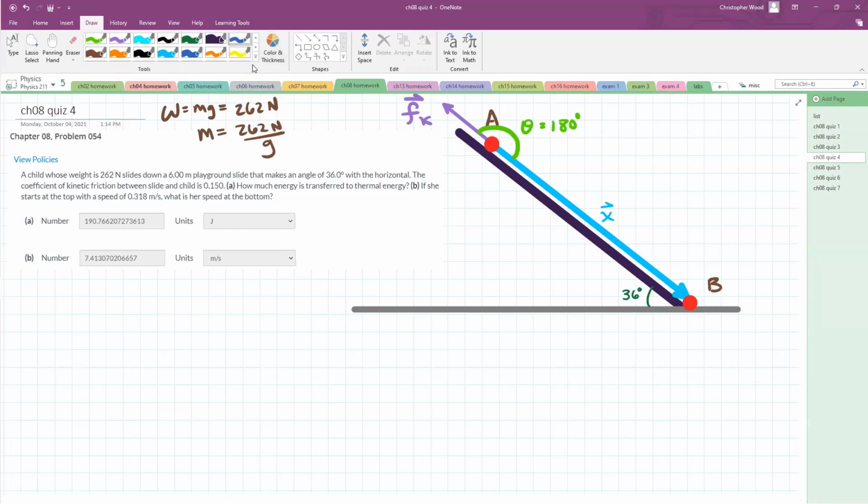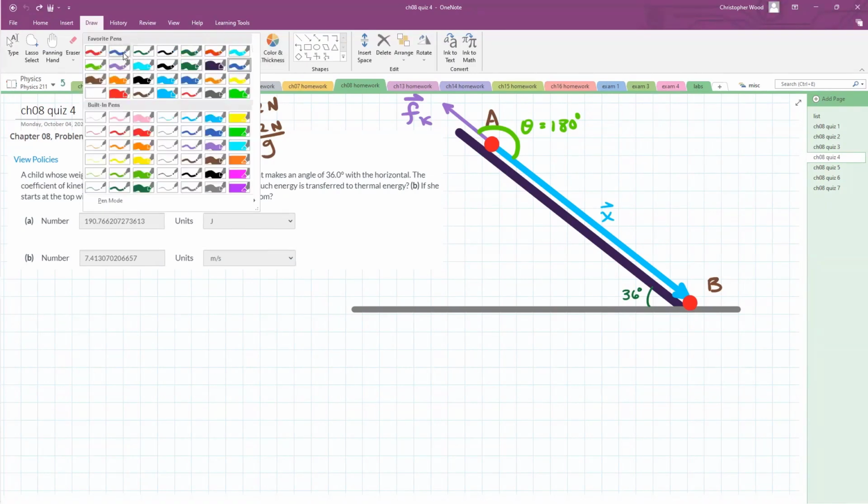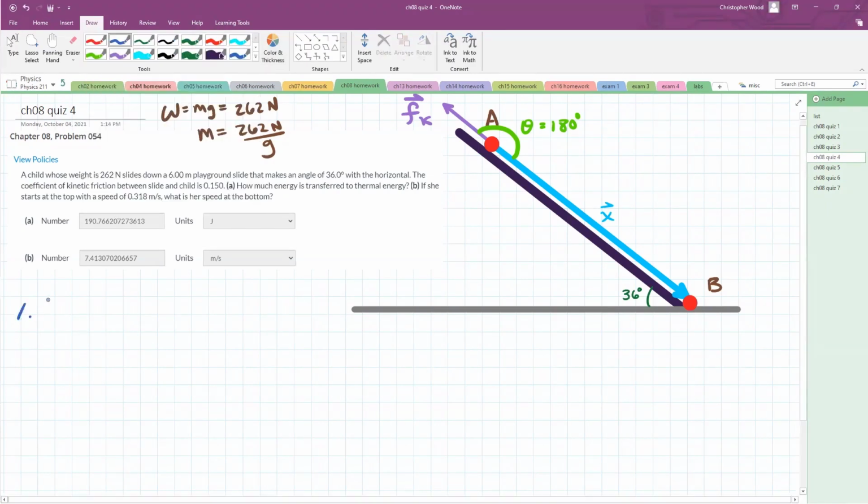So part A is how much heat gets generated. This is very much a repeat of what we've already done. I need to figure out how much work friction does. The work done by kinetic friction equals the integral of the kinetic friction force times the displacement dx, which becomes my variable of integration, times the cosine of the angle between them, from 0 to 6 meters, since this is a 6-meter slide.